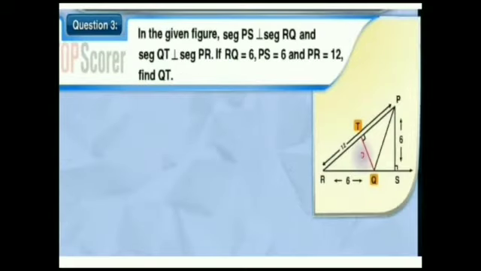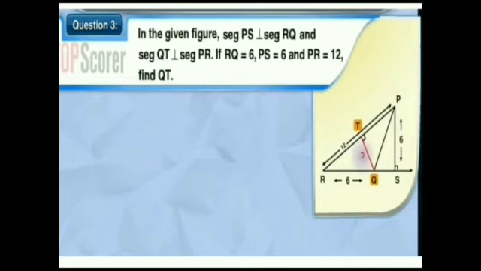Question 3. In the given figure, segment PS is perpendicular to segment RQ and segment QT is perpendicular to segment PR. If RQ is equal to 6, PS is equal to 6 and PR is equal to 12, find QT. All the measurements are mentioned in the figure. Now you can see the figure properly.